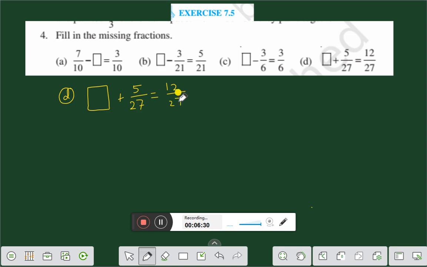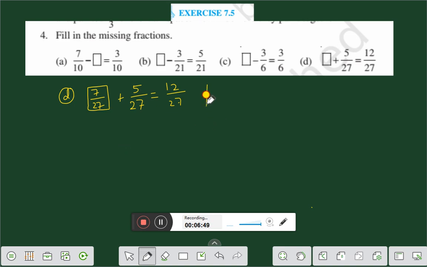Now here see, the denominators are both the same, therefore the denominator will be 27, right? And here it is 12. What should be added to 5 such that you will get 12? It is 7. 7 by 27 plus 5 by 27 equals 12 by 27.